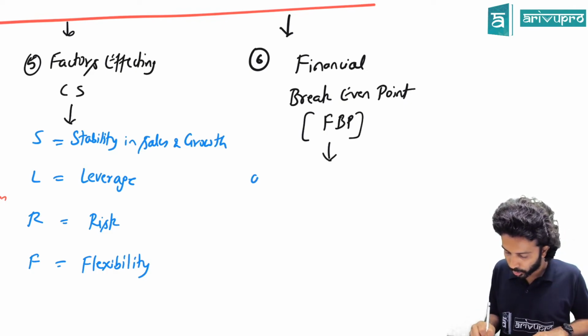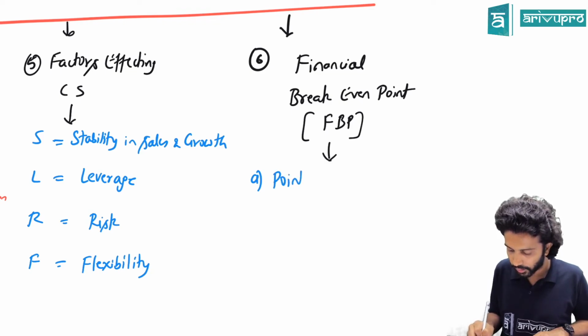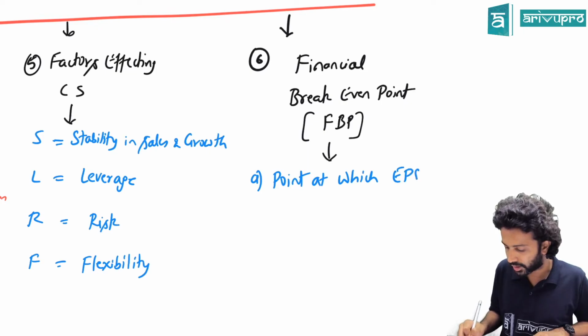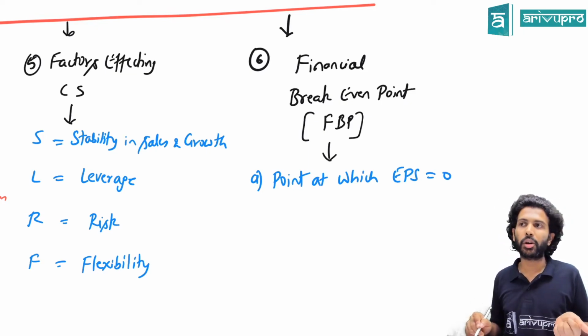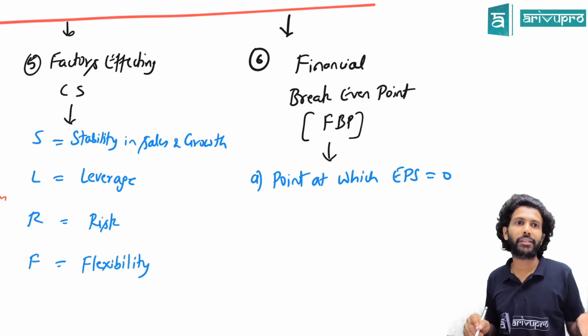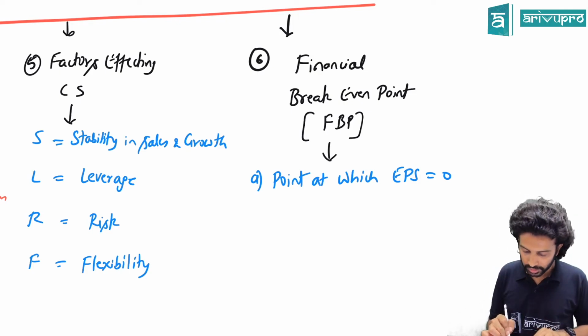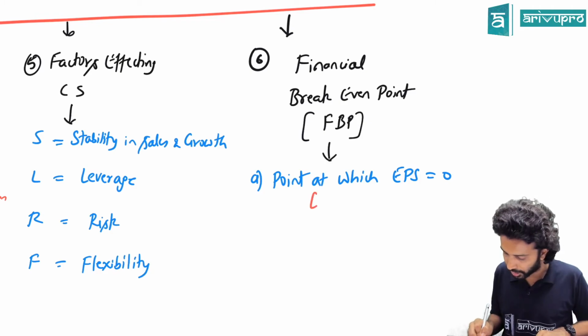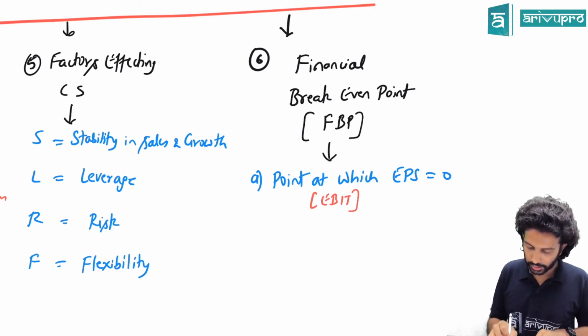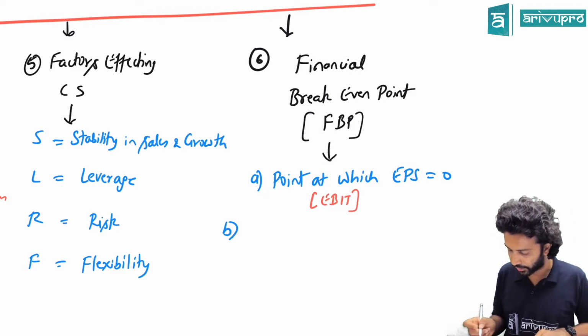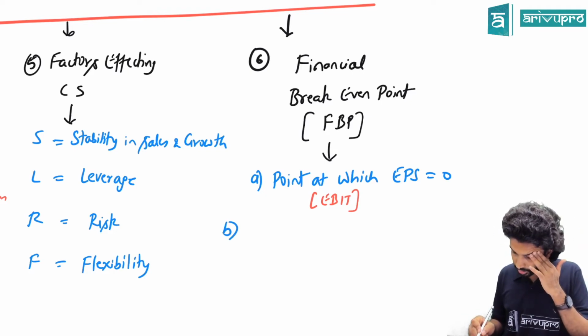It's a point at which EPS is equal to 0. When I say point at which, I'm talking about the EBIT level at which EPS will be 0, or you can write here in brackets EBIT also. Second, what can we write? That's all we learned, or anything else?